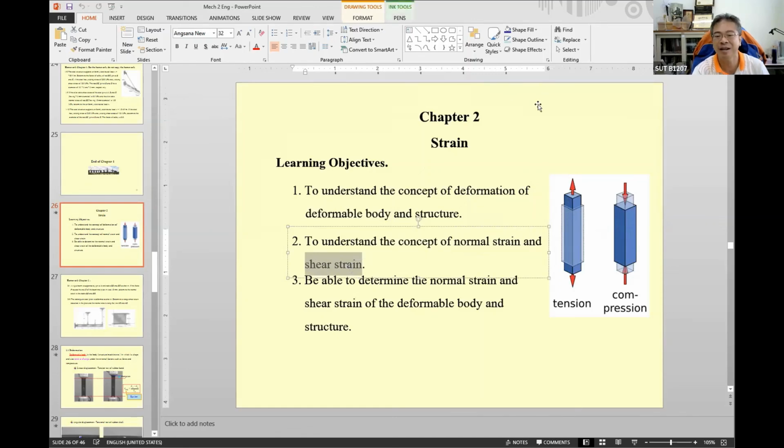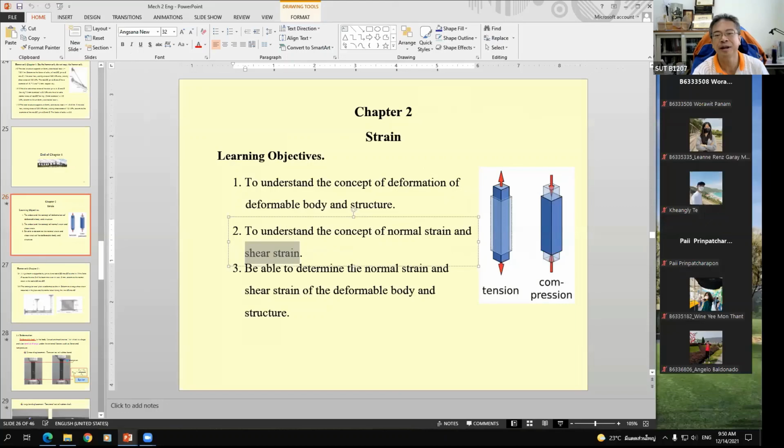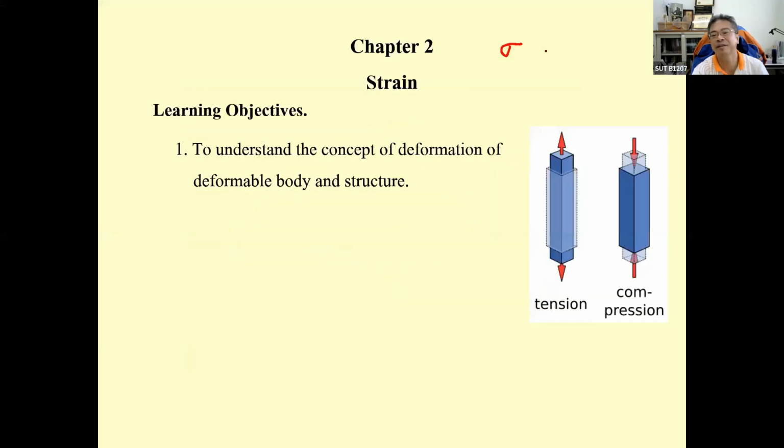What I'm saying is that the normal stress will produce the normal strain. Shear stress will produce shear strain. Normal strain, like in this picture, is going to be the deformation divided by its original length.